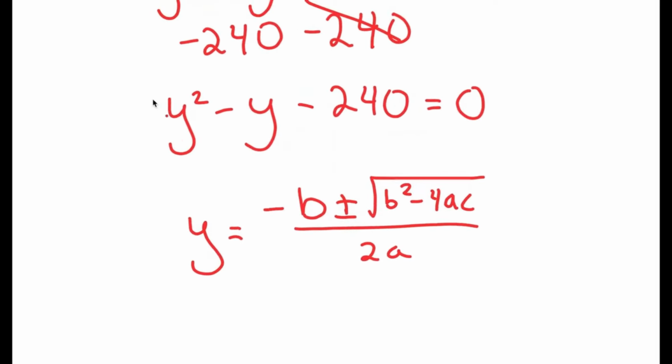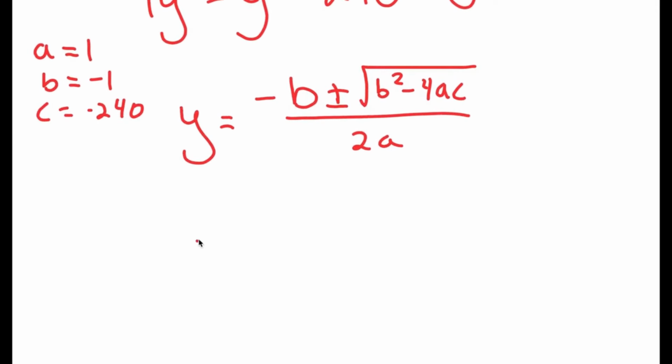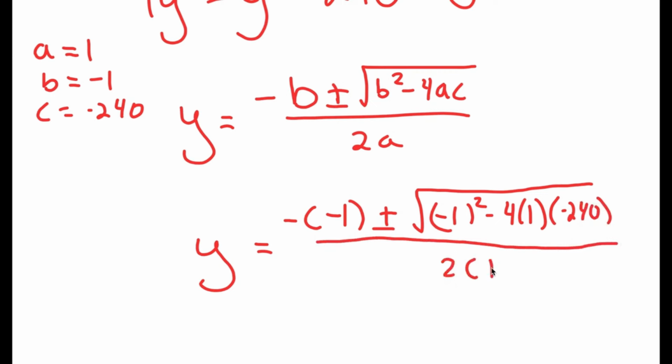So in this case, looking over here, a is 1, b is negative 1, and c is negative 240. So I get y is equal to negative of negative 1 plus or minus the square root of negative 1 squared minus 4 times 1 times negative 240 all over 2a, so 2 times 1.